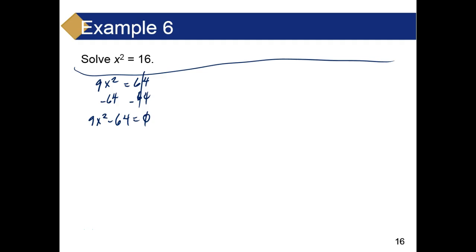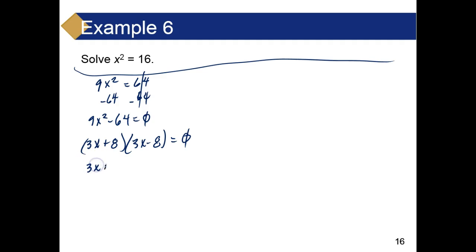Okay. Always look first for common factors. You don't have any, so you can go on to your difference of two perfect squares. That would be 3x plus 8 times 3x minus 8. Very good. That's equal to 0. Okay? Now what?